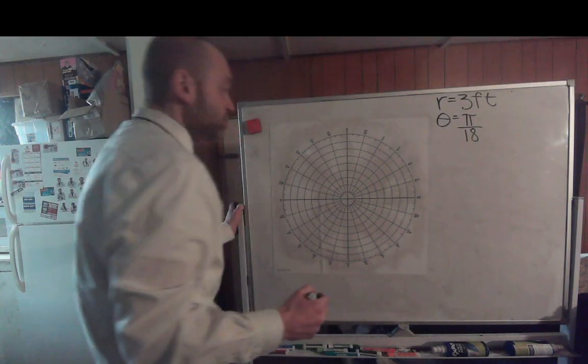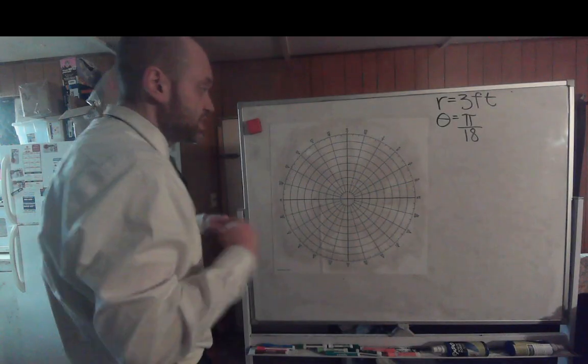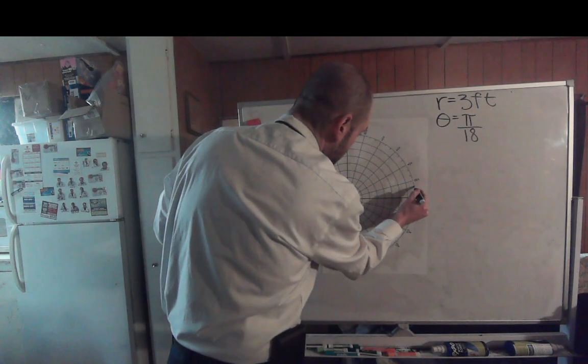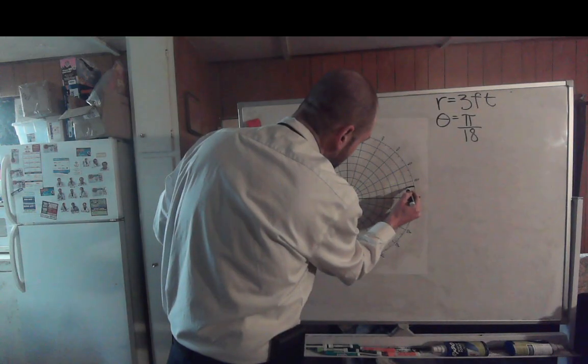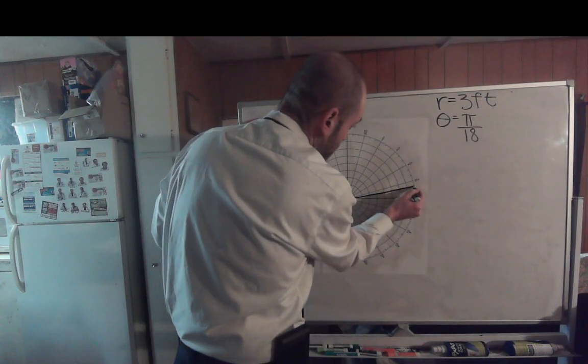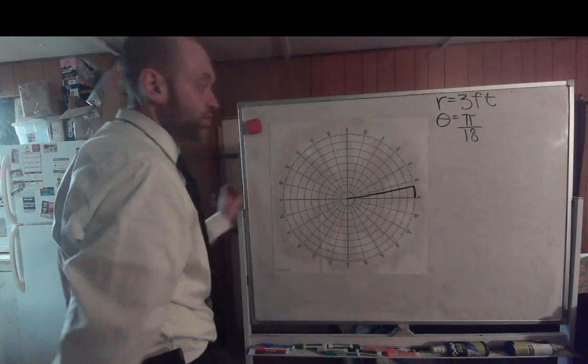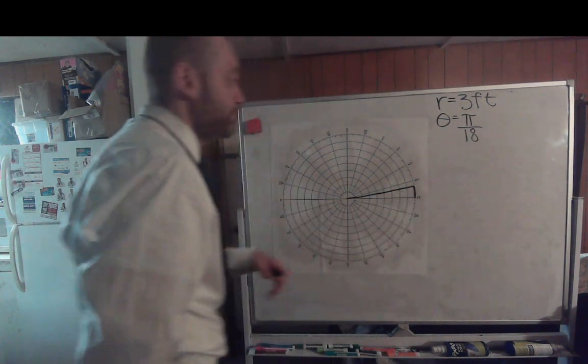So we have an angle of pi over 18, which, as we know, would be 10 degrees. 10 degrees would be right here. So we're going to find the arc length of this piece right here. That's going to be pi over 18.